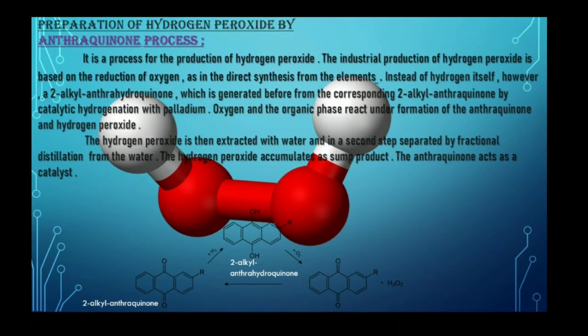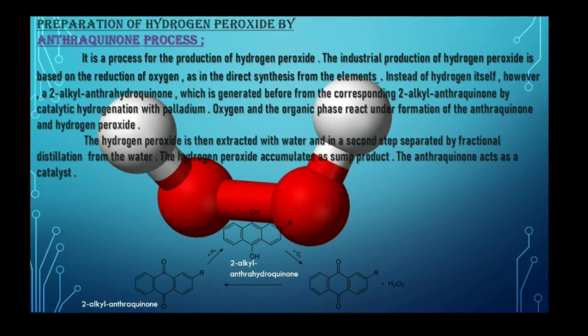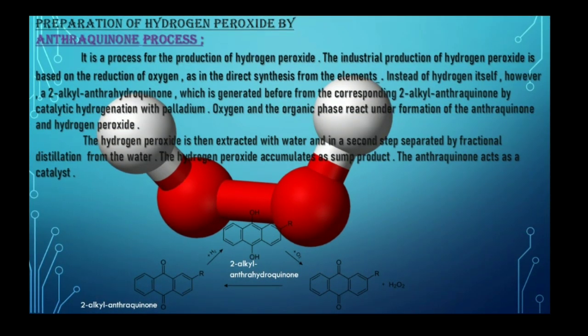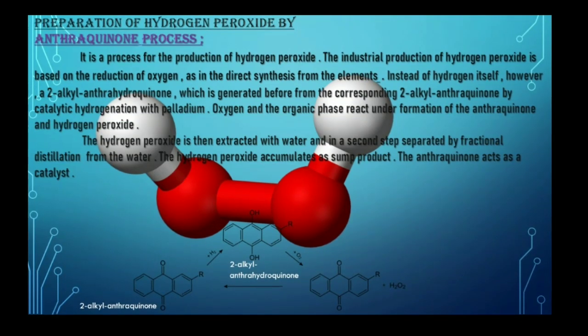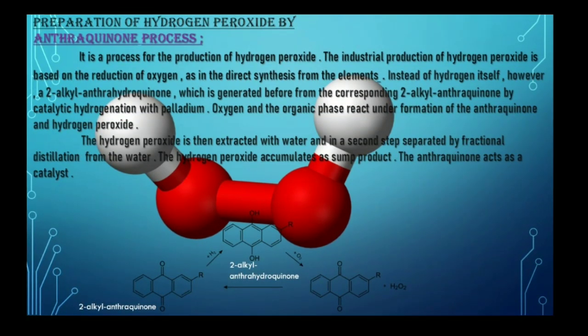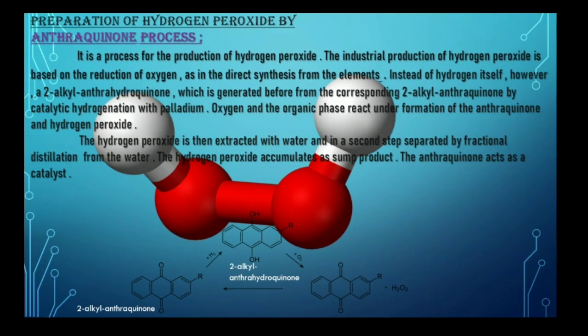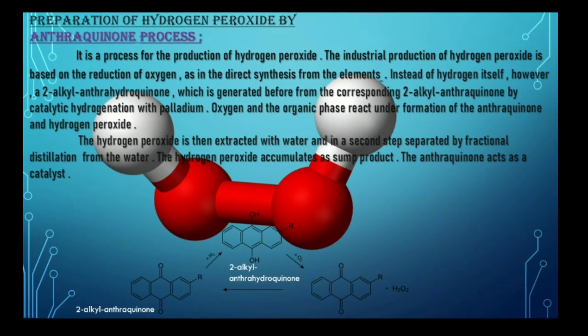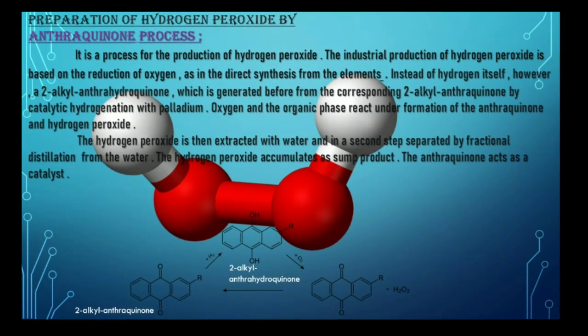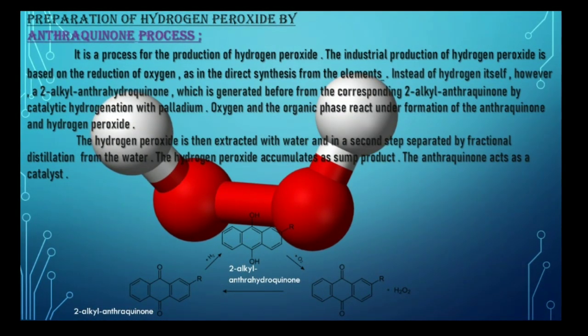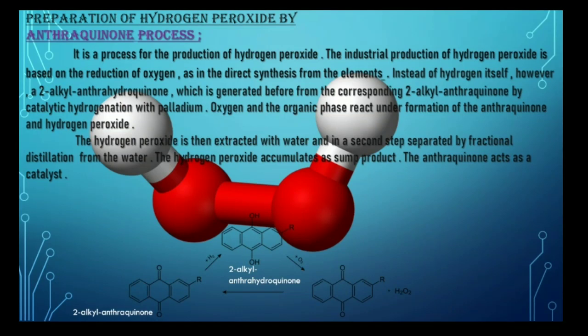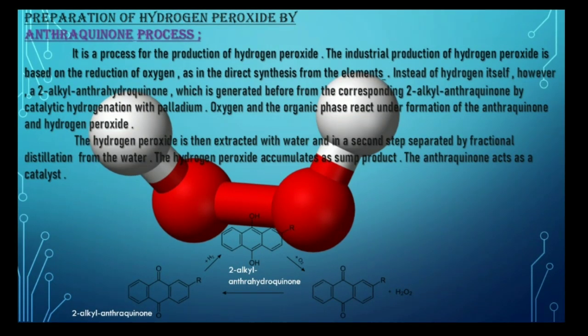The industrial production of hydrogen peroxide is based on the reduction of oxygen as in the direct synthesis from the elements. Instead of hydrogen itself, however, a 2-alkyl anthrahydroquinone is used, which is generated beforehand from the corresponding 2-alkyl anthraquinone by catalytic hydrogenation with palladium.